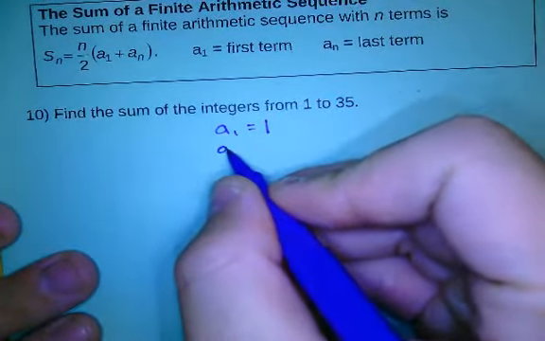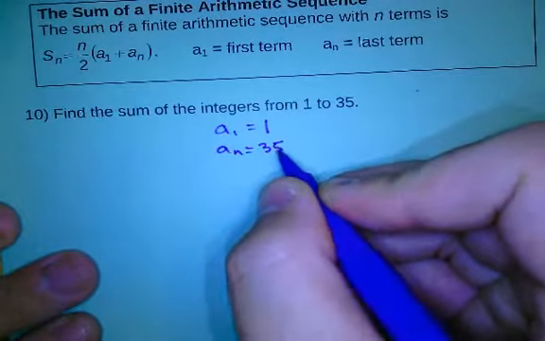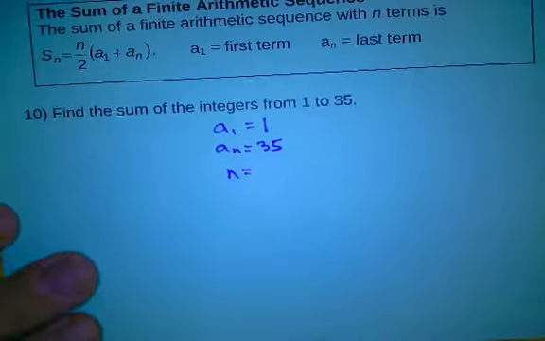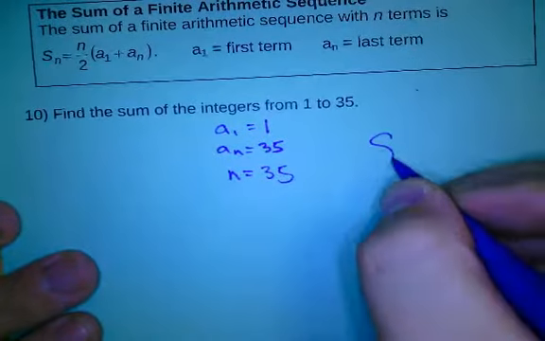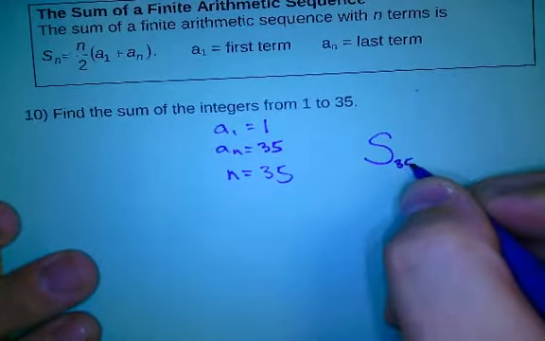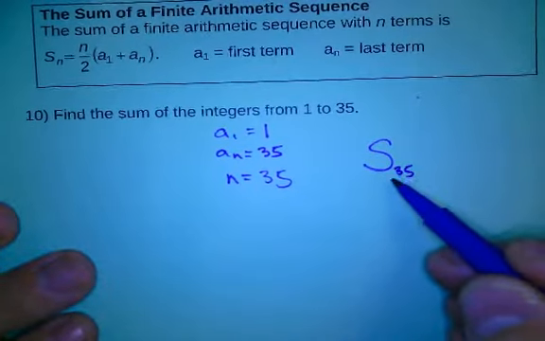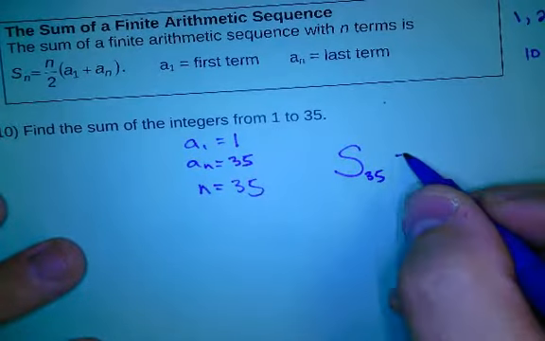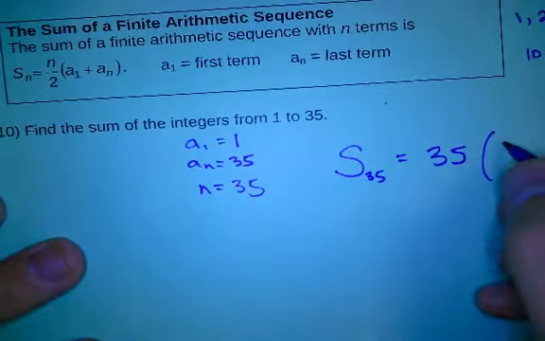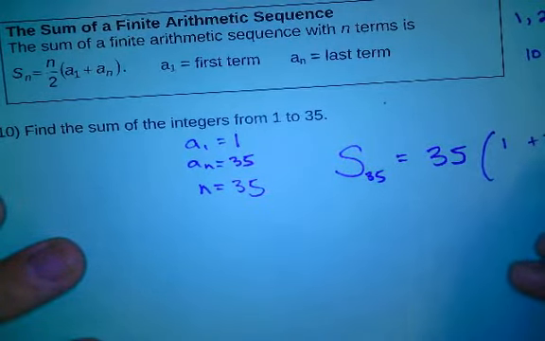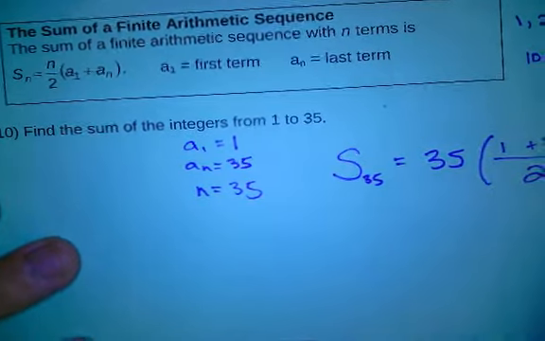What is the last number? 35. And how many numbers are there? There's 35. So the sum when n is 35 is going to be 35 times the average, which is 1 plus 35 all over 2.